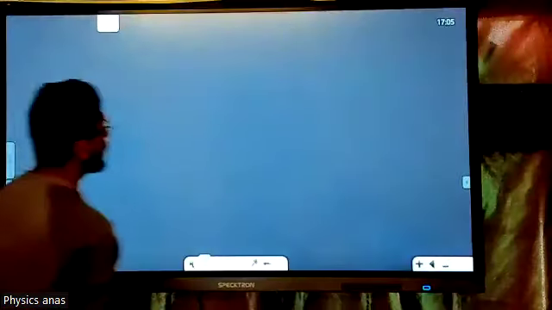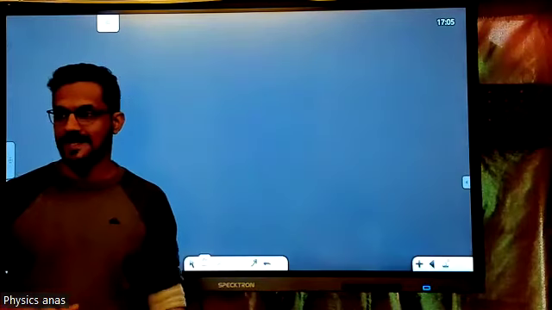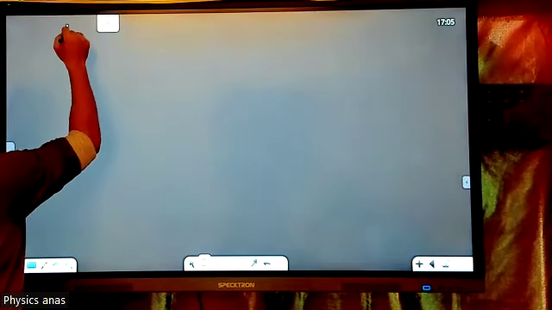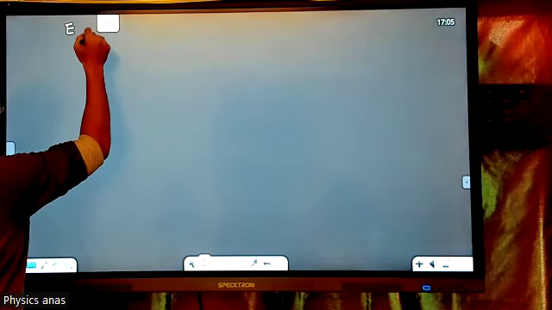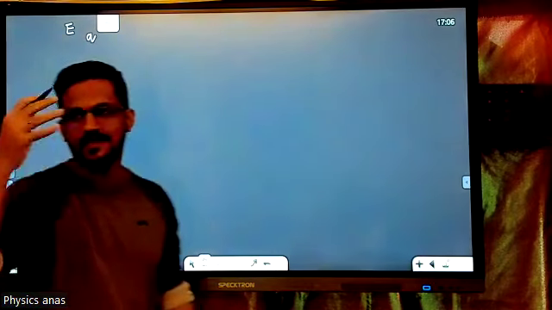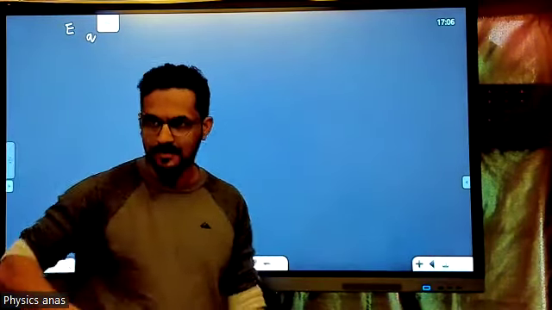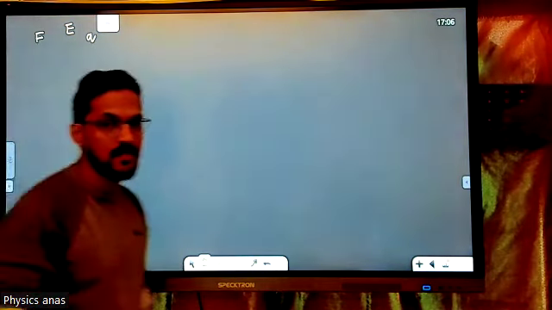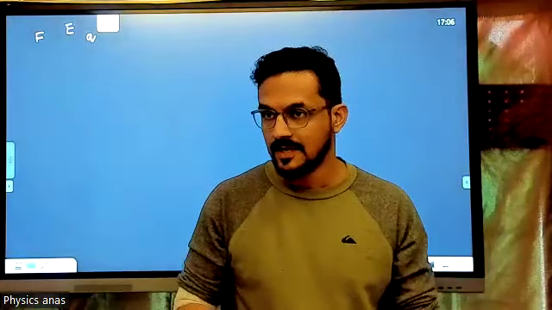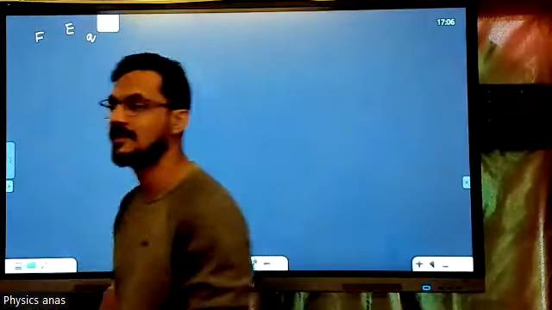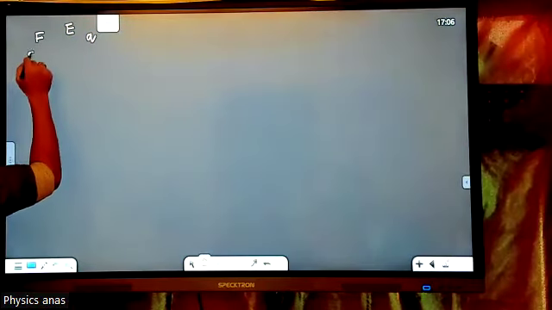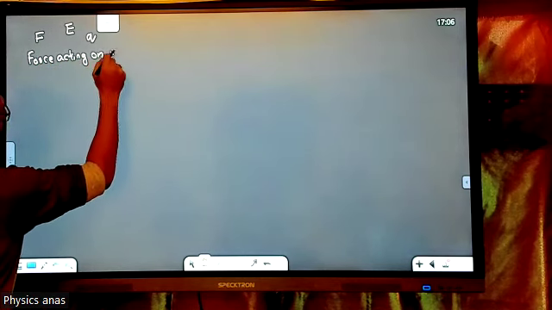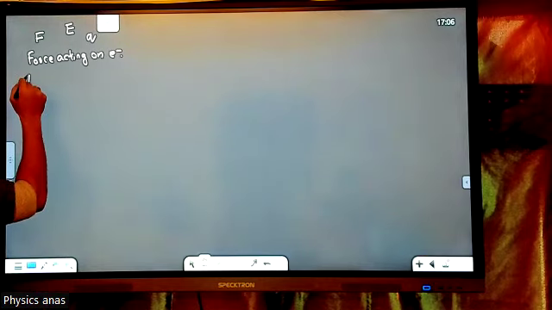And what will be that force acting on that electron? Yes, electrostatic force. You have an electric field here and a charge here. This charge is the charge on an electron, right? Then what will be the force acting on the electron?